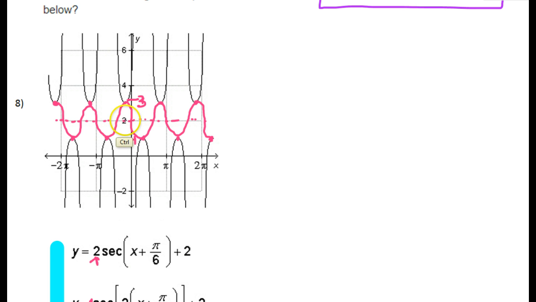Okay, so that means we're looking at up 1 and down 1. So the amplitude, the distance from the midline to the top of the cosine, is 1.